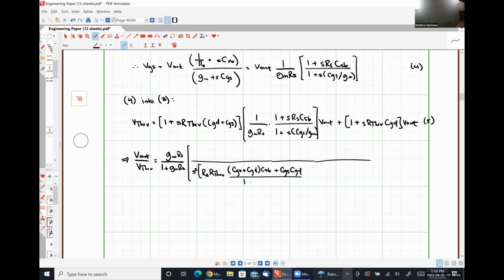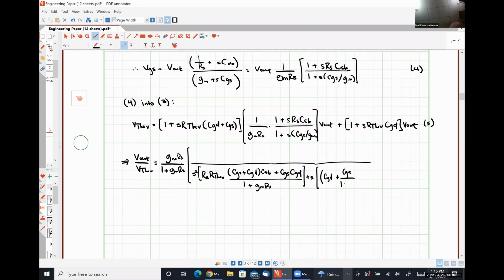This whole thing divided by 1 plus GMRS, plus S times [CGD plus CGS over 1 plus GMRS] times RThev plus [CGS plus CSB over 1 plus GMRS], close that bracket, plus 1.